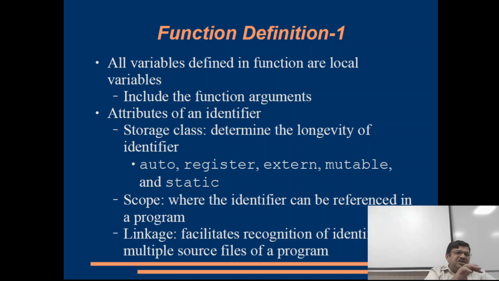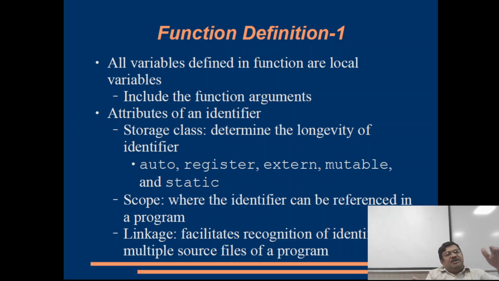Now C obviously requires, it's a very finicky C language standard, all identifiers have to be defined as the first thing in any function. C++ is more permissive. You can define identifiers as you go along, right? So you need not define all the identifiers at the beginning. As you need, you may define identifiers.